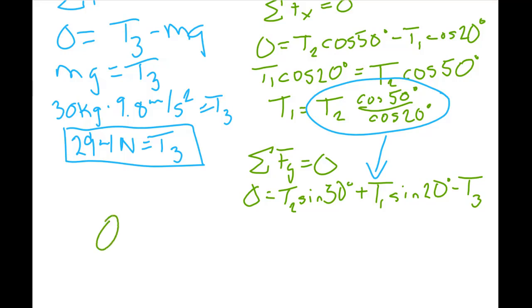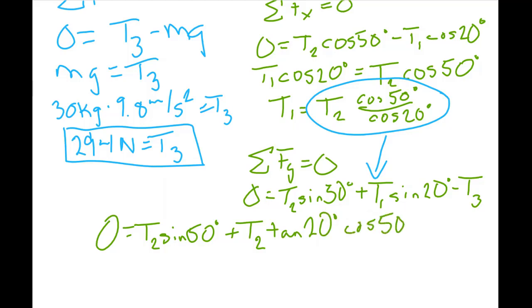So 0 equals T2 sine of 50 degrees plus T2. Well, sine over cosine is tangent, so I can write tangent of 20 degrees times cosine of 50 degrees, minus T3.